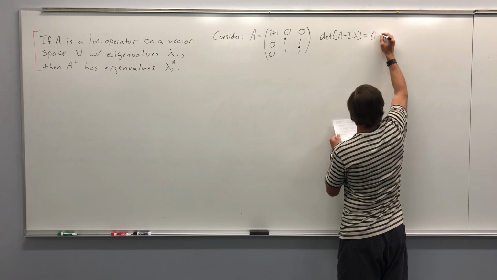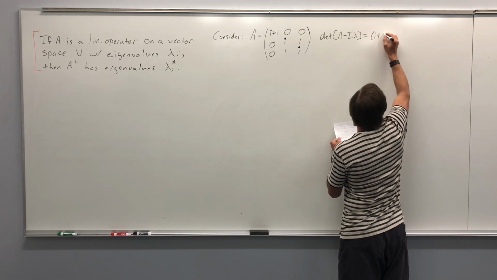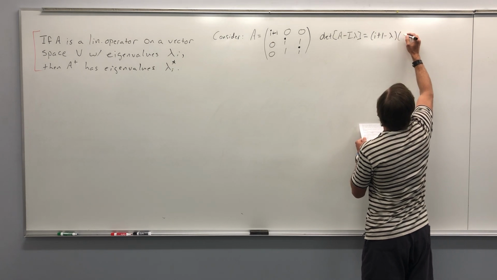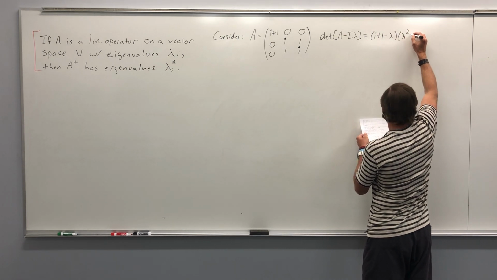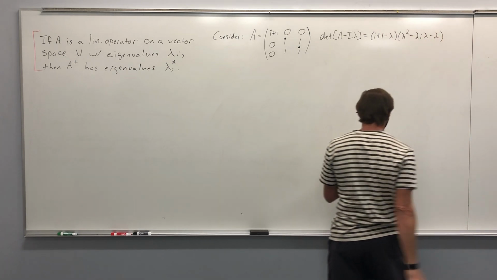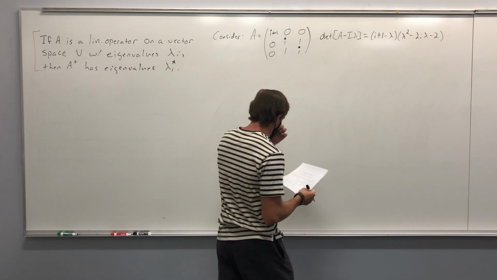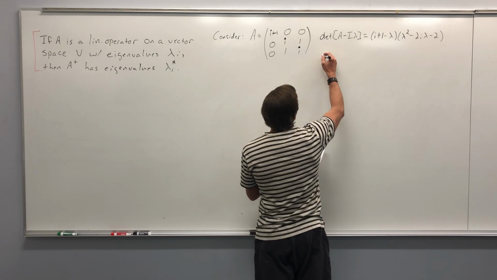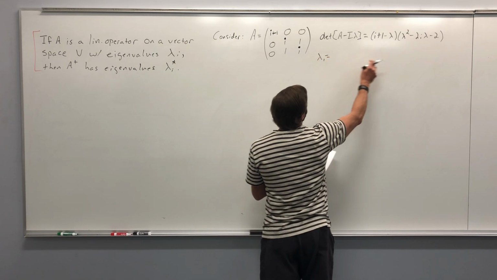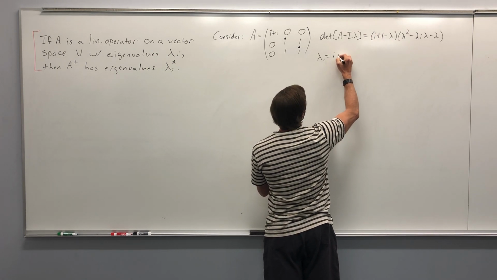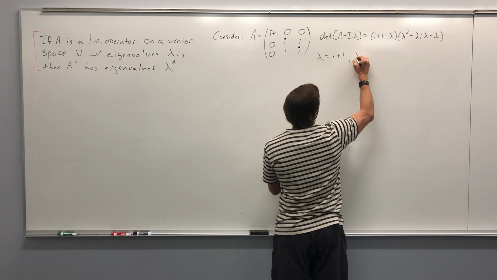We've got (i plus 1 minus lambda) times (lambda squared minus 2i lambda minus 2). Okay? So if I want to know what my lambdas are, I can call lambda 1 when this is 0. So that's going to be i plus 1.